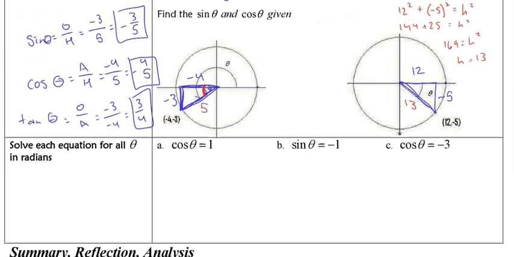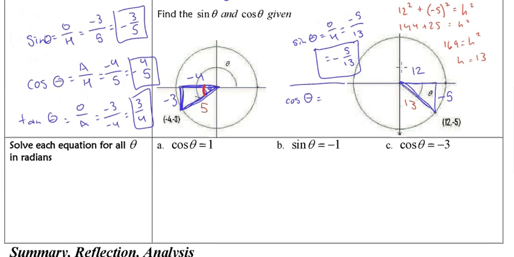Okay, what is our sine of theta and cosine of theta? So sine of theta is opposite over hypotenuse, or over radius. So we've got -5 over 13. So sine of theta is -5/13. Now cosine of theta. And you might be thinking, hey, this is in quadrant 4, cosine is going to be positive, and you're right.